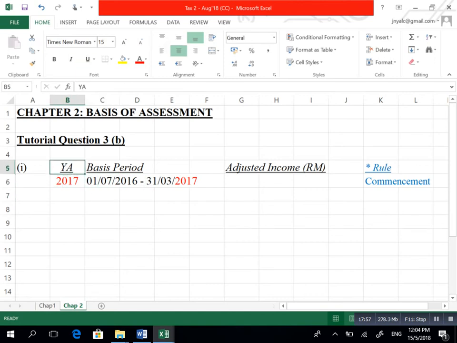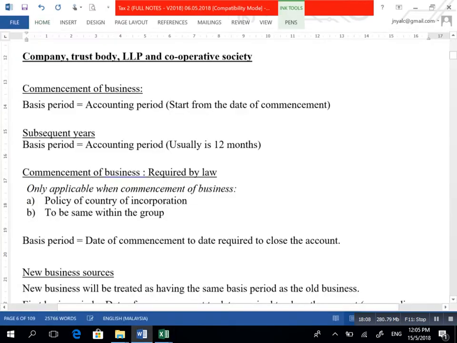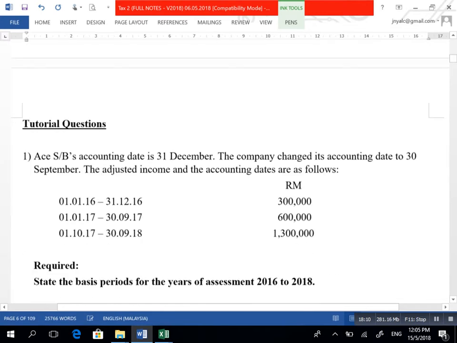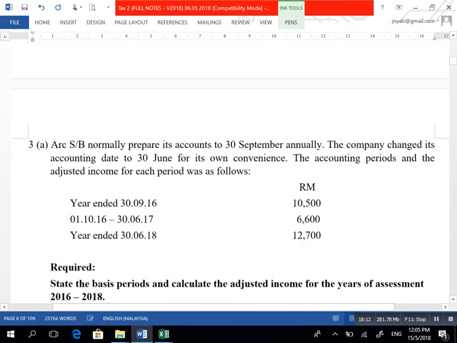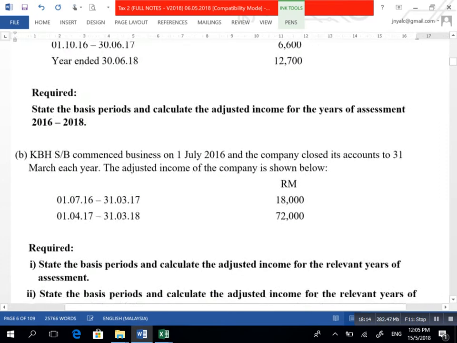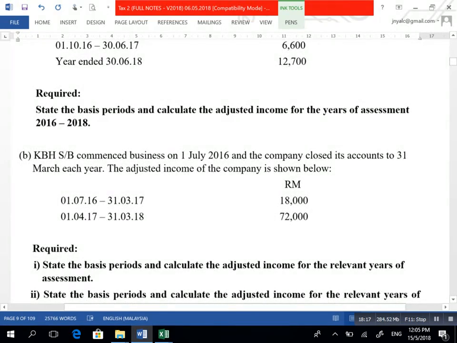Now an adjusted income, class. So far the adjusted income for the accounting period just now they show you, July 16 to March 17, adjusted income is 18,000. Is this accounting period still the same as our basis period also? If it's the same, then no changes.